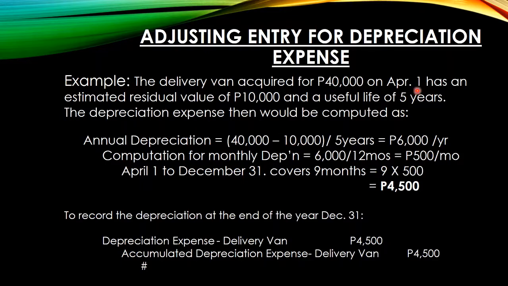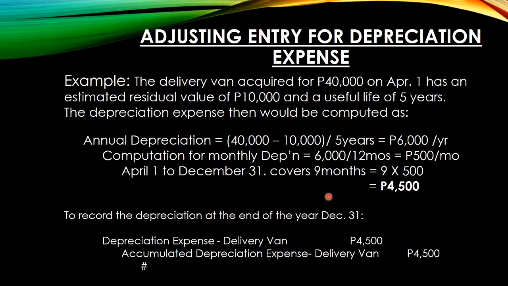Take note, 9 months were covered by the fixed asset. So 9 times 500, our depreciation expense is 4,500. Meaning we provide a depreciation expense for the end of the year: depreciation expense 4,500 and credit accumulated depreciation 4,500.